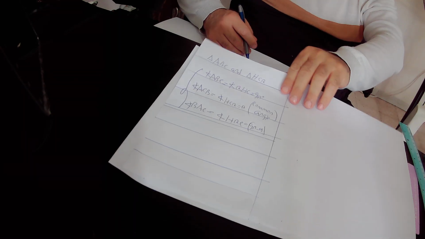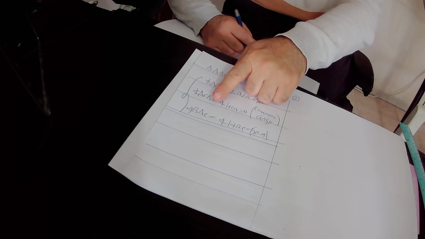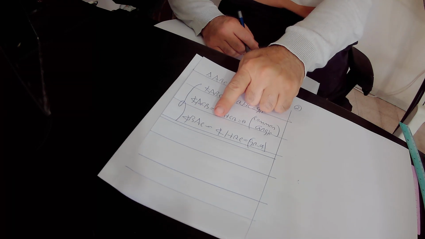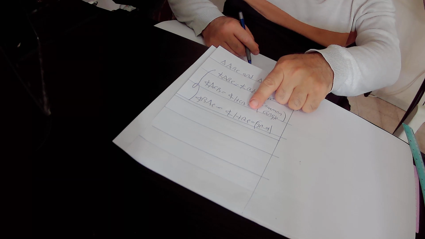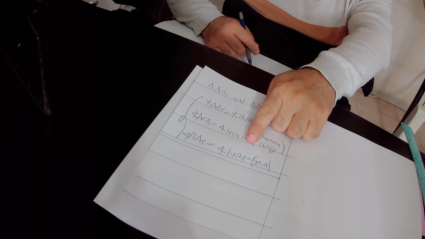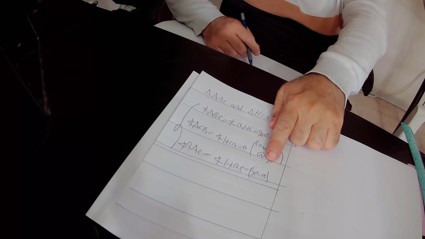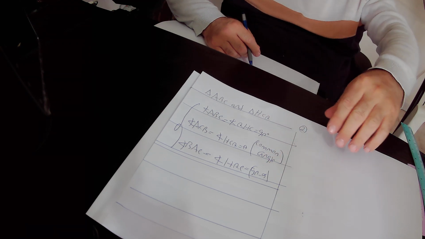Angle BAC in the big right triangle ABC equals angle HQC in the small right triangle HCQ. They are both equal to 90 degrees minus alpha, therefore they are equal to each other.